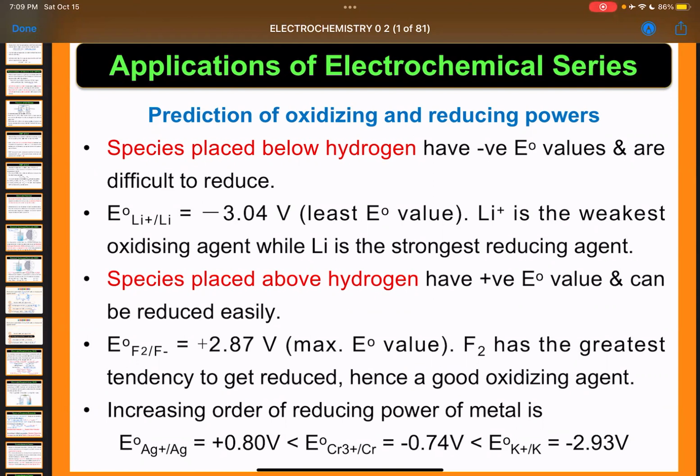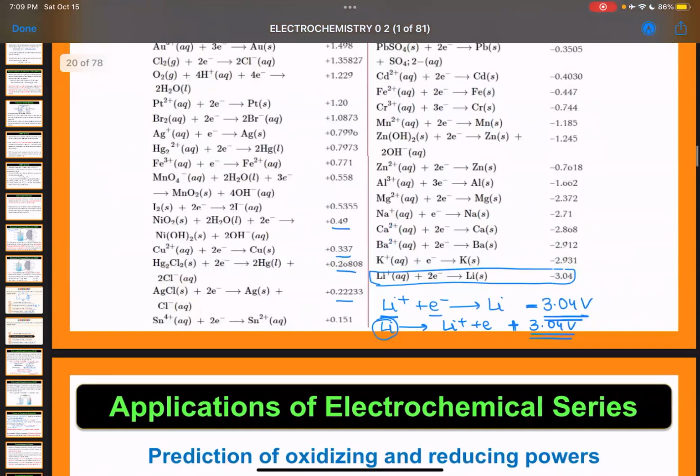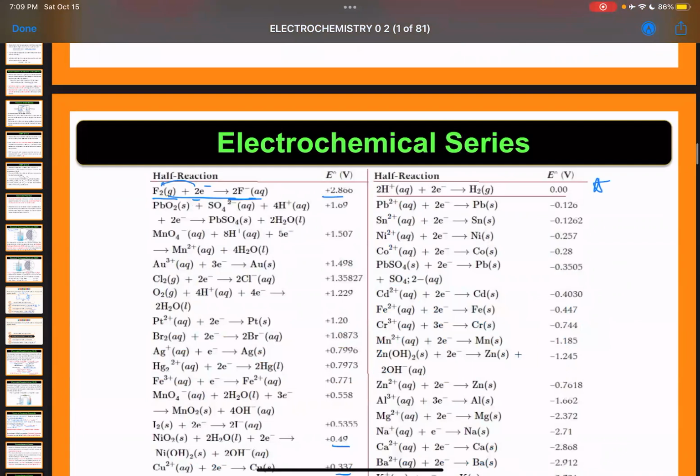So actually the hydrogen is taken as 0. If a species is above hydrogen, that is a positive value. You can see this is hydrogen. And that species has more tendency to accept electrons, and they are good electron acceptors.